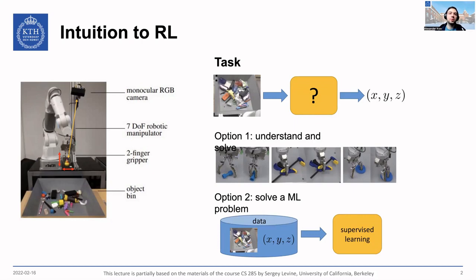We would collect a lot of data, which would consist of tuples: the input image and the ground truth action. So the action that you, for example, as a human, labeled as the action that you should take in this situation. And given the set of these tuples, you would run a supervised learning algorithm that would, based on the new image, tell you the coordinates where you should put your gripper to pick up an object.